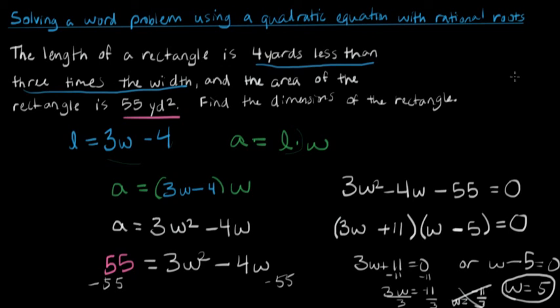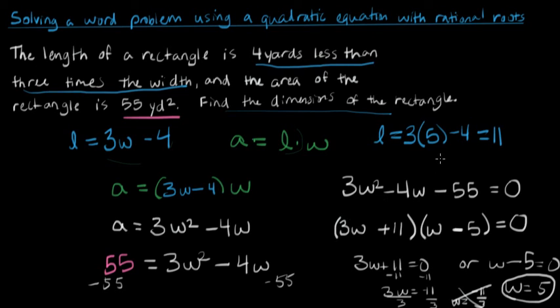Now, they asked for the dimensions of the rectangle. So to figure out the dimensions, we also need the length. So I can go back here and it says length equals 3 times w, which is 5, minus 4. So 3 times 5 is 15, minus 4 is 11.